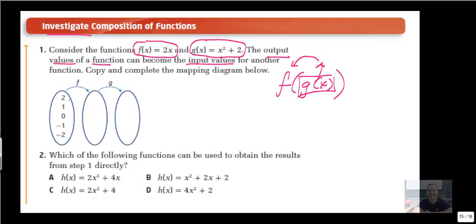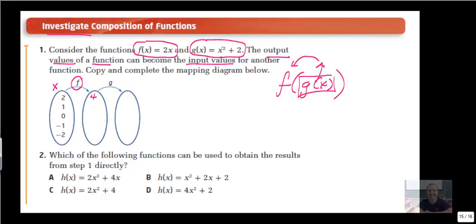And here's a little bit of a diagram to help you understand that. If we take an x value here of 2, and I put it into the function f, what do I get? 2 times 2 is 4. Now, that is the output of function f. Now I'm going to turn around and put that into g.